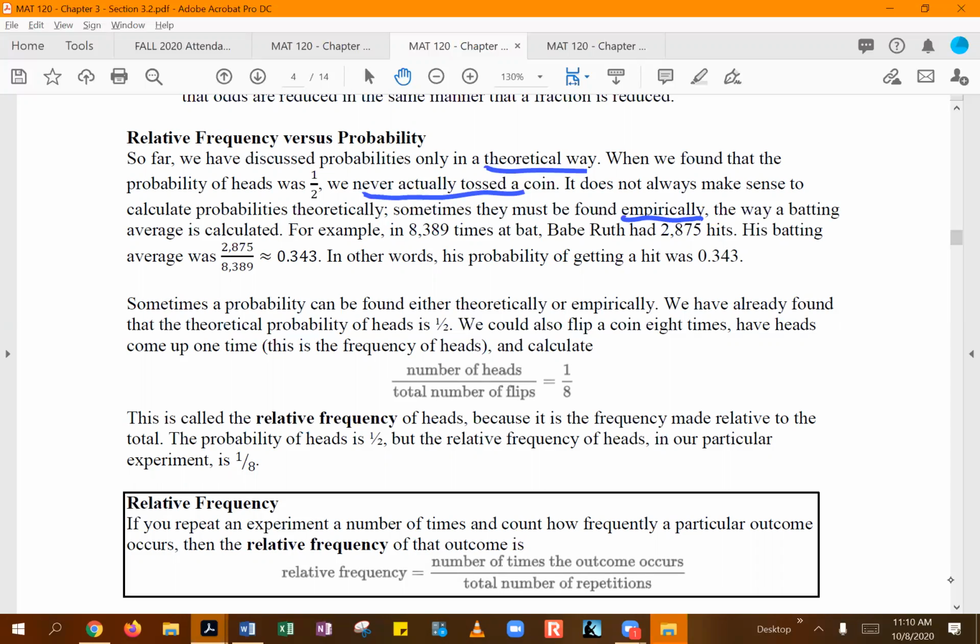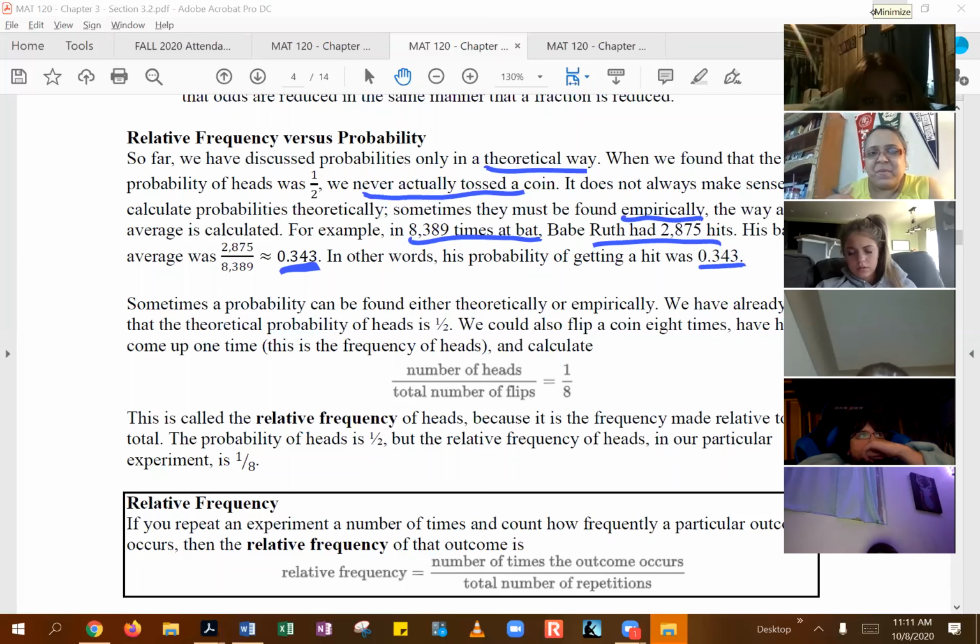So if in 8,389 times at bat, Babe Ruth had 2,875 hits, we would basically say his batting average was 2,875 divided by 8,389, which is actually giving a probability of 0.343, or if you convert that to a percent, 34.3 percent.